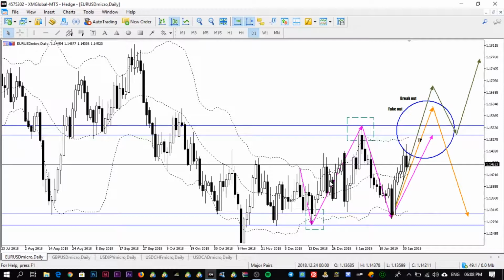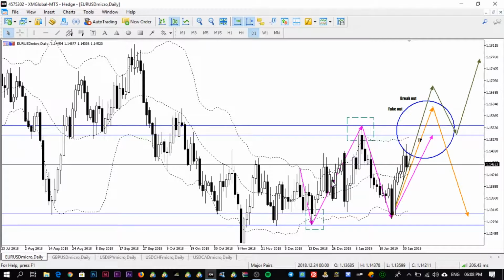So for this coming week, with regards to the euro against the USD, we are expecting a push towards the upside. Now remember that nothing is guaranteed in the market, but it's better for us to anticipate the move so that we are prepared should it happen.